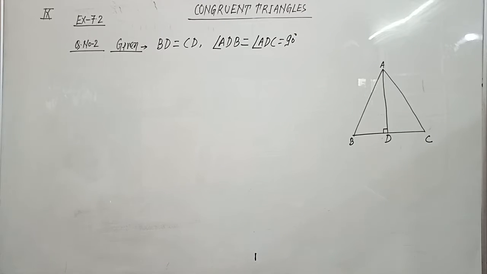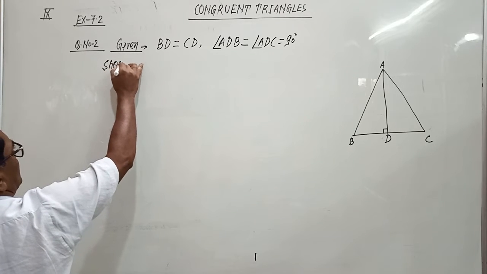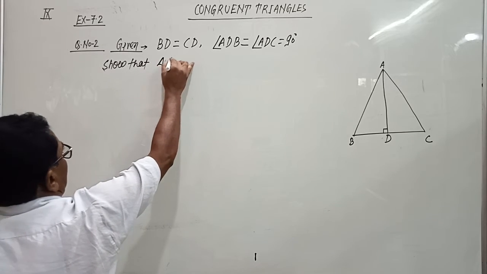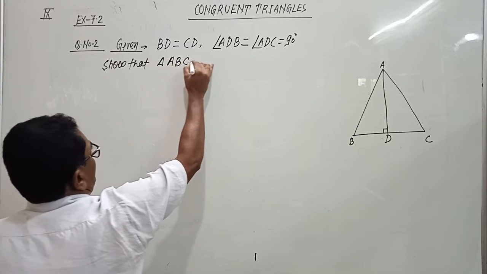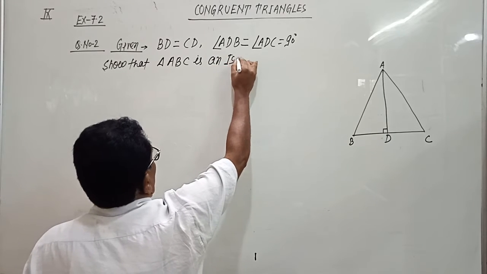Show that triangle ABC is an isosceles triangle.